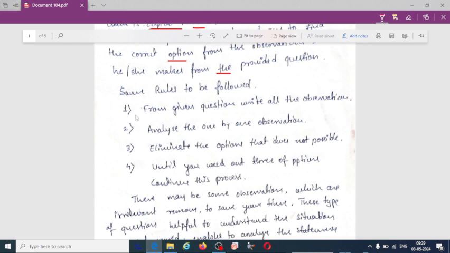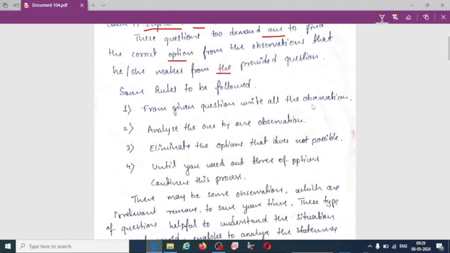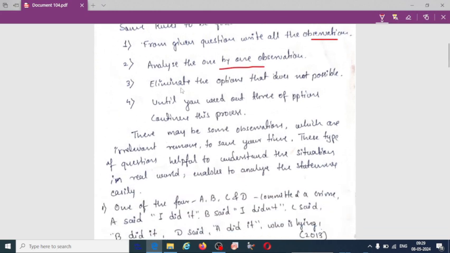First rule is, from the given question write all the observations. Next, analyze the observations one by one. Third, eliminate the options that are not possible. Fourth, until you weed out three options, continue this process. Finally you must get the correct option.